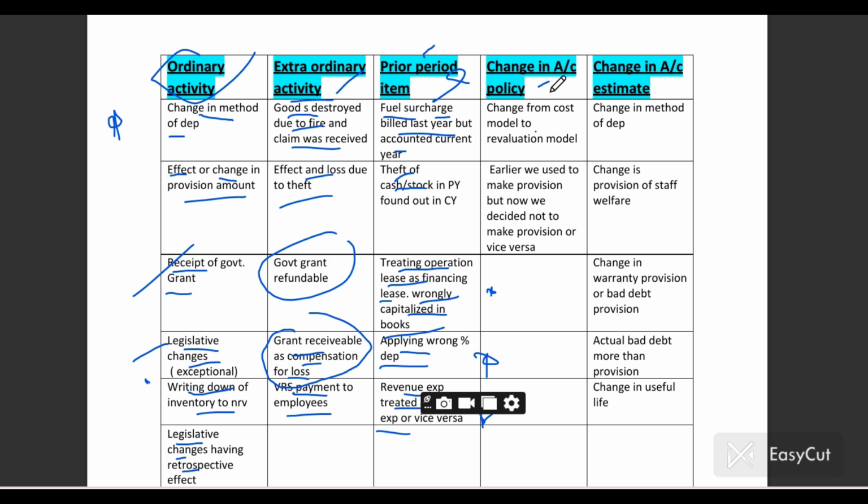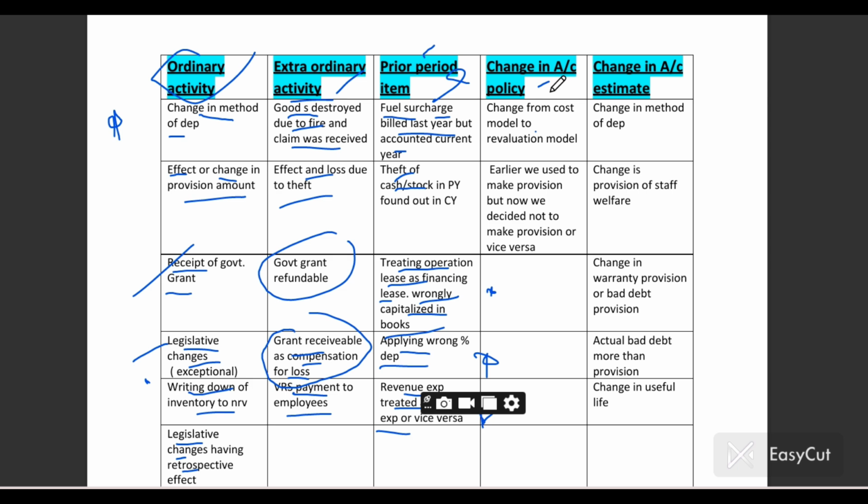Accounting policy means any method used to measure and record any asset, liability, income and expenses. For example, in AS2 inventory cost: FIFO, weighted average, retail price. In AS3, direct or indirect method. In AS7, contract revenue as per percentage of completion method. PPE: cost model, revaluation model. AS11: P&L, para 46, treatment of exchange loss on long-term foreign currency monetary items.